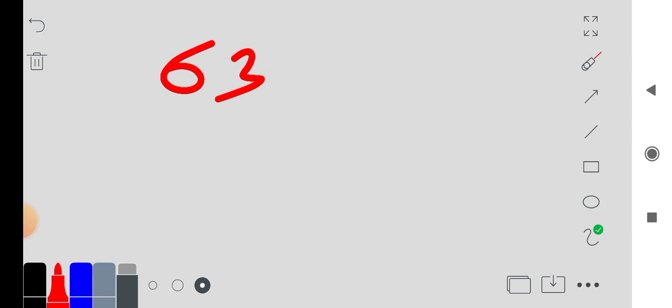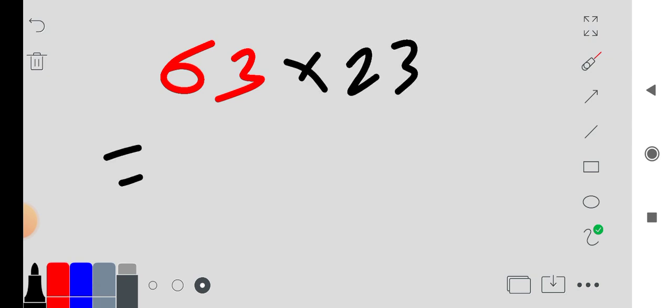63 into 23. So there are number of methods for it. So by our method, 6 into 2 is 12 and 3 into 3 is 9. So 1209. And now 6 into 3 is 18 plus 3 into 2 is 6.